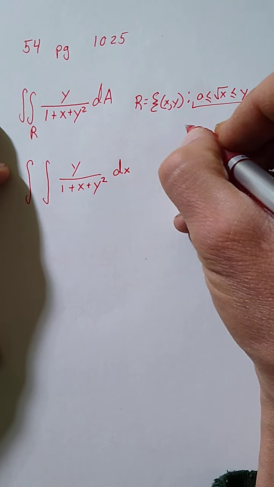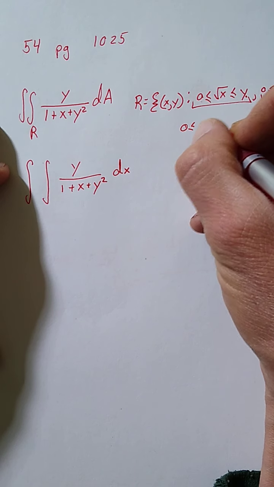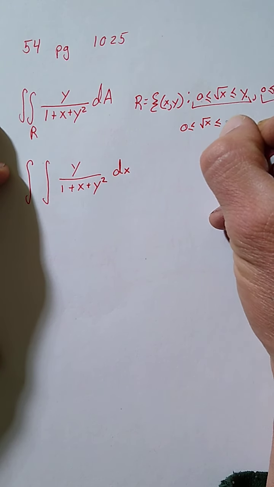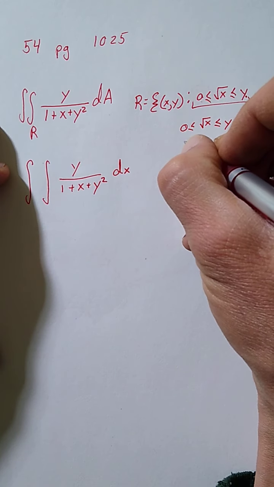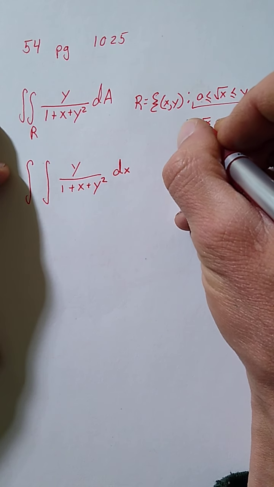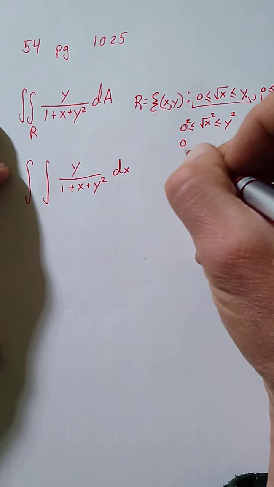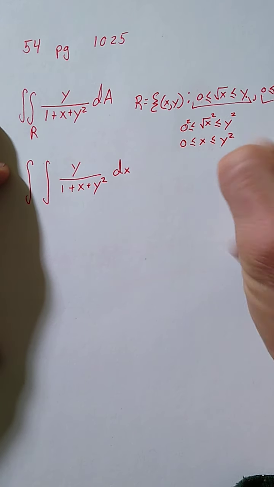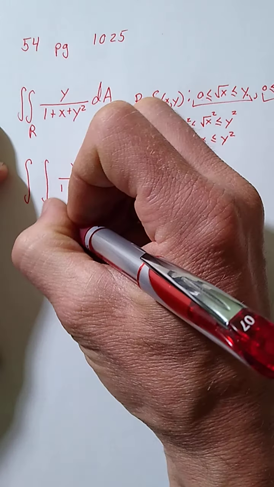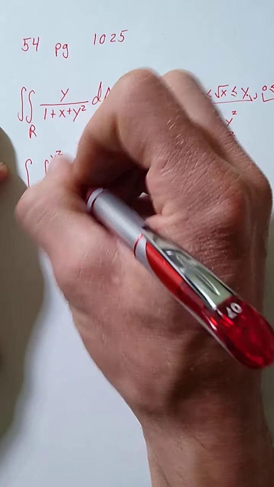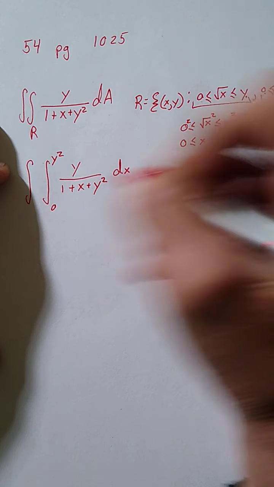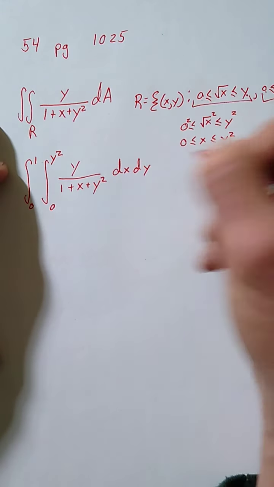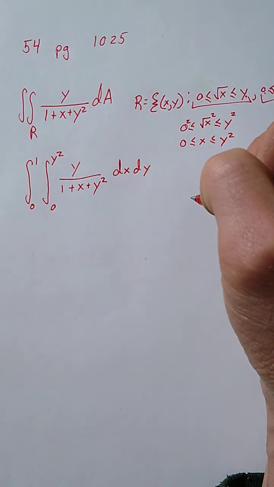then I can just rewrite this. So 0 less than or equal to the square root of x less than or equal to y is the same thing as just squaring each of these things. And then I can say my x goes from 0 to y squared, and my y goes from 0 to 1 dy. Okay.